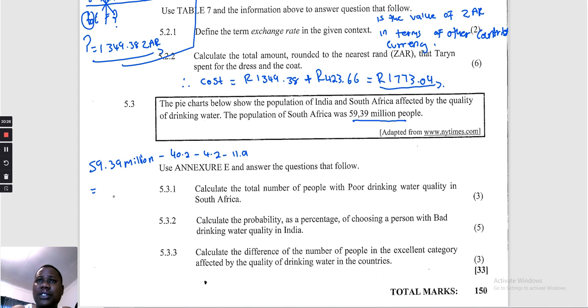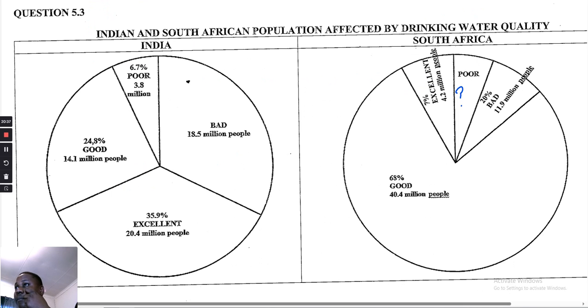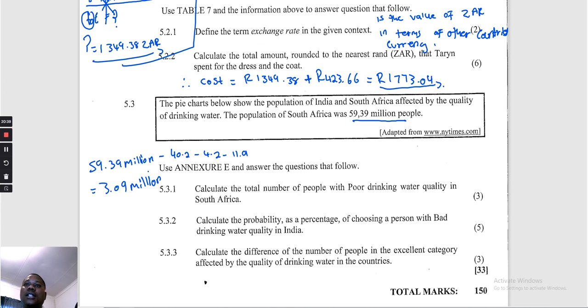That is equal to 3.09 million people that are saying the water is poor in South Africa.